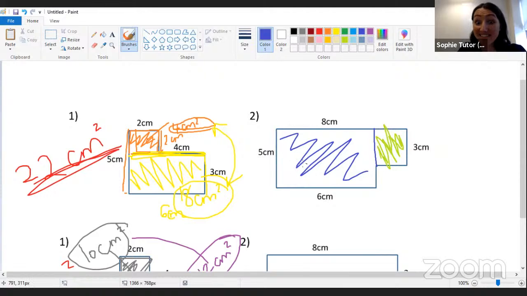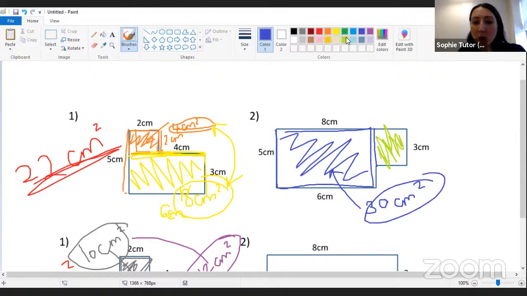If I was doing it that way, to work out the area of this big shape, I would do 5 times 6. That would give me 30 centimeters squared. So that middle bit would be 30 centimeters squared. And then this little bit here was 3 centimeters up. And the long bit was 2 centimeters because the 8 centimeters is the whole bit along.